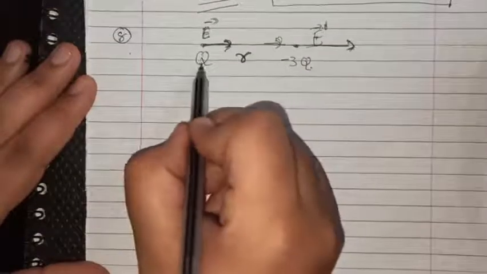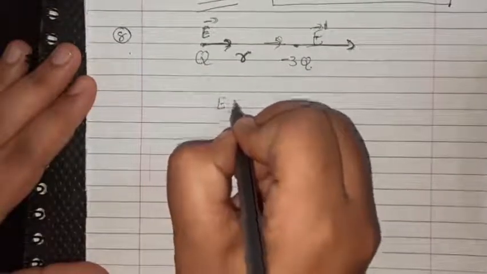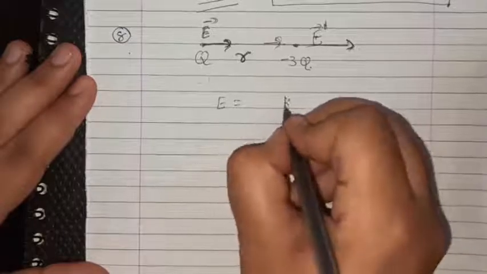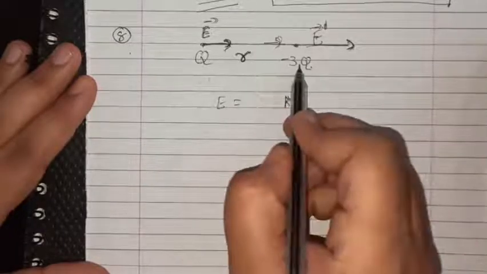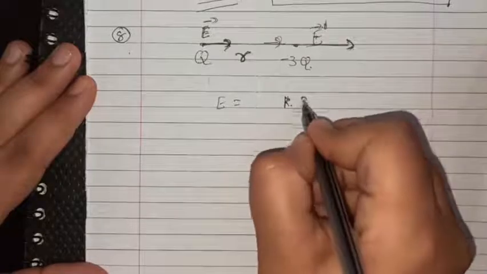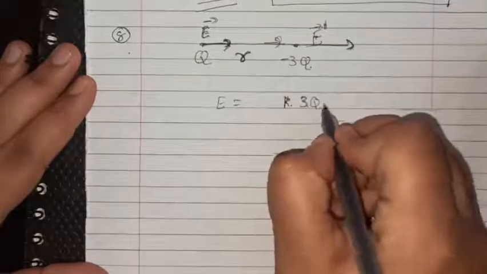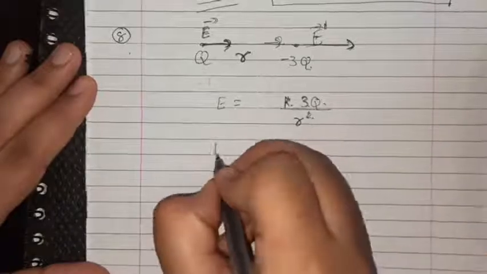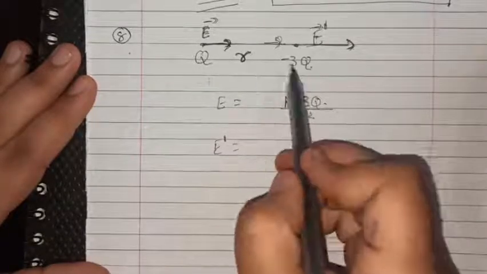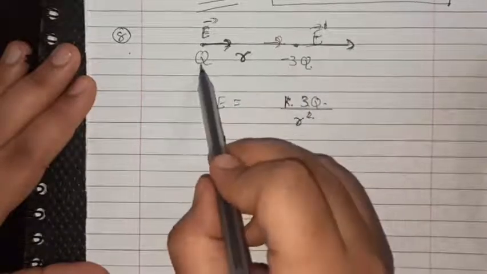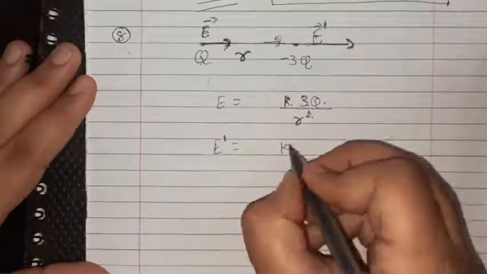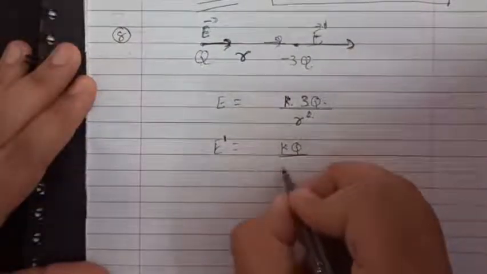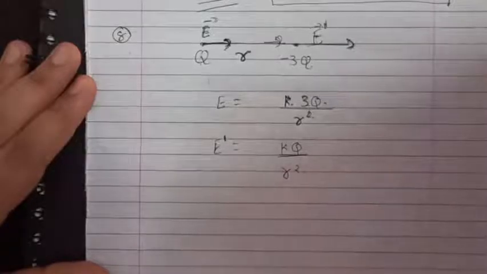Now the electric field at Q can be written as E is equal to KQ by R square. Here the charge is minus 3Q. We'll consider only magnitude. So E is K 3Q divided by R square. And E dash is the electric field at minus 3Q due to point charge Q. So the magnitude will be KQ divided by R square.